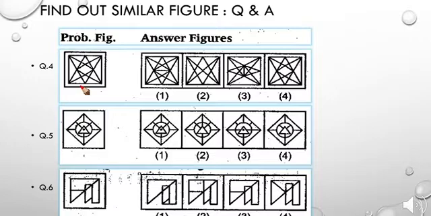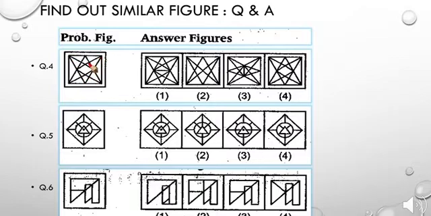So let's see how many ways there are to solve such problems. In problem figure question number 4, we see the outer design is a square, so we should find a square outer design. We find that the square design is similar in all the answer figures.